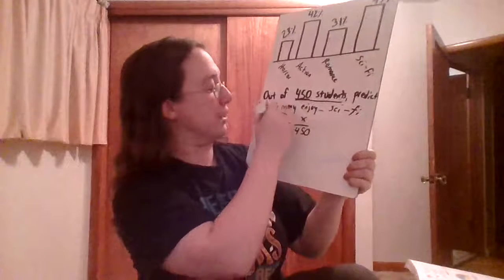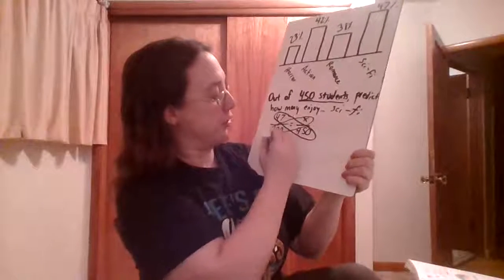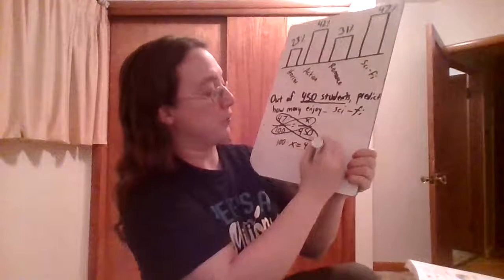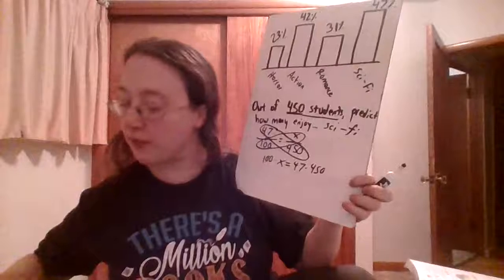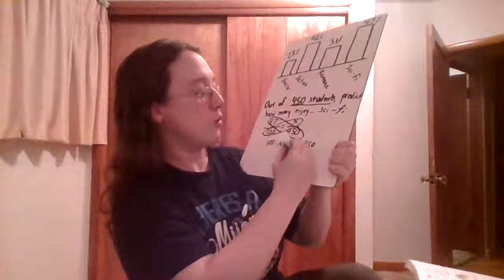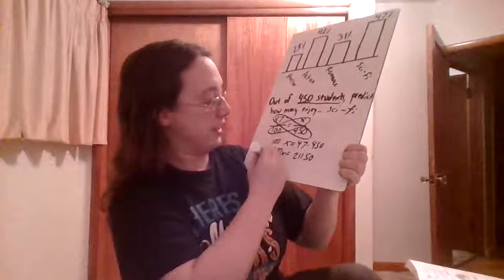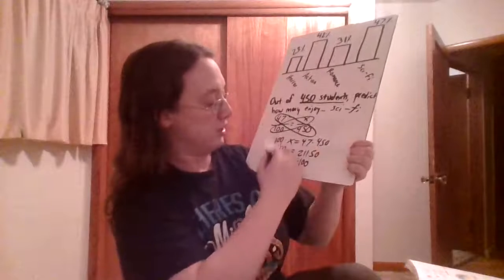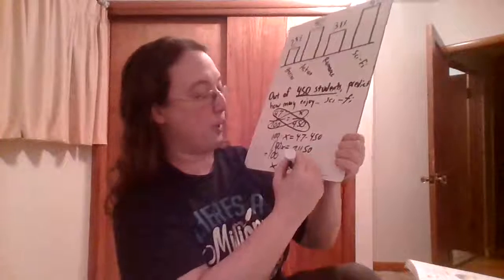We're going to take that 47 times 450, and that 100 times x. So 100 times x equals 47 times 450, which is about 21,150. And then we're dividing by 100, which gives you about 211.5 again.